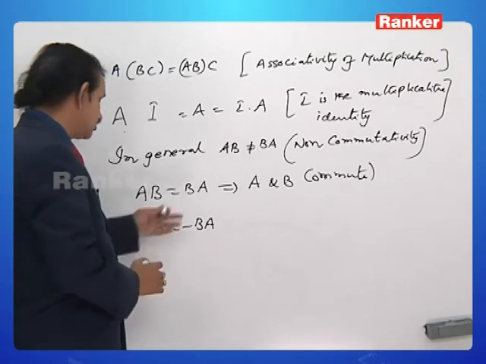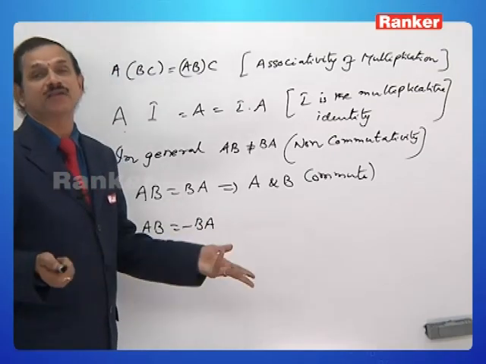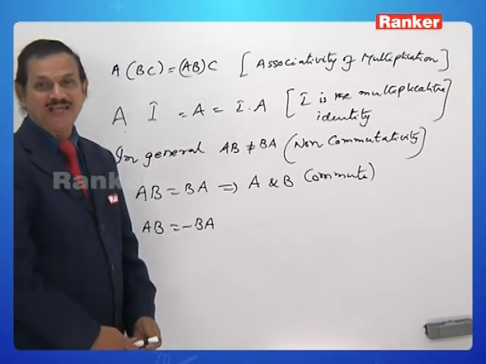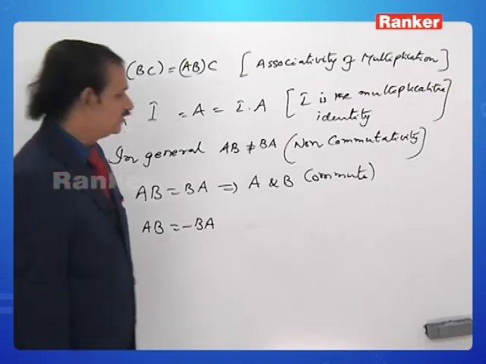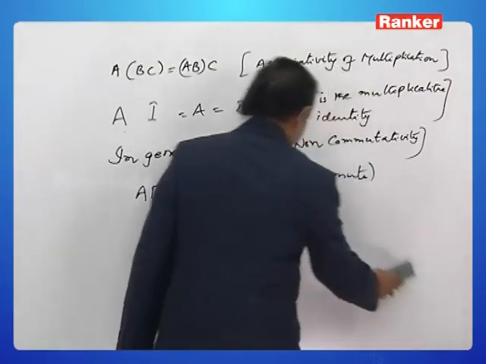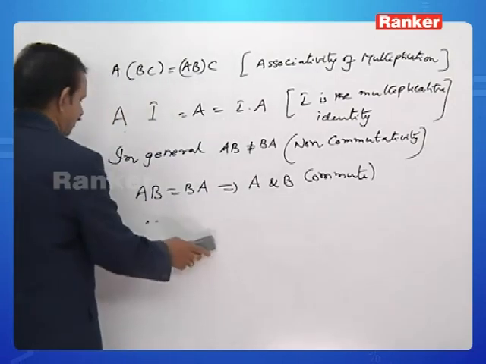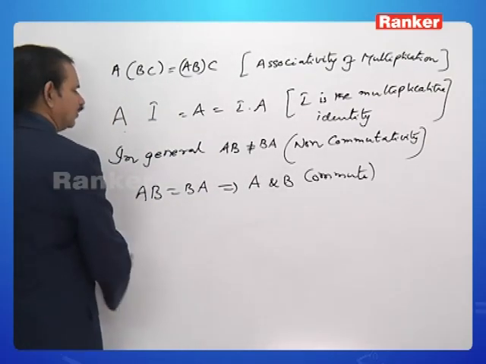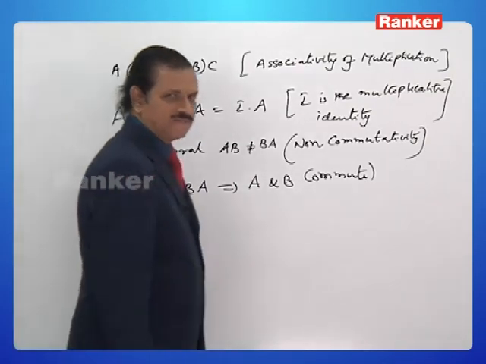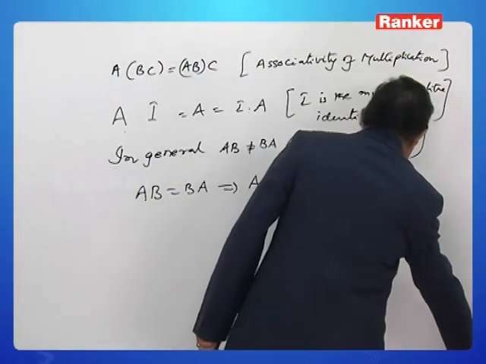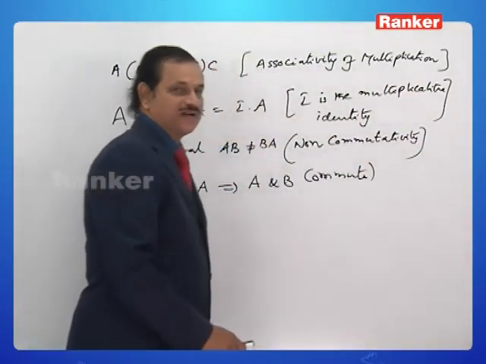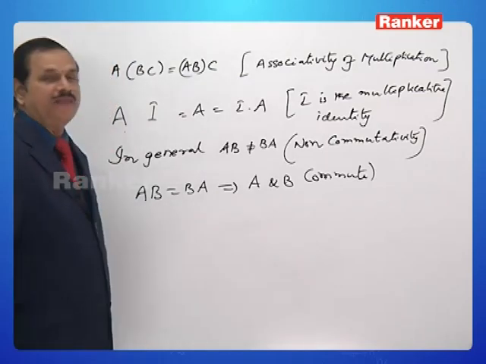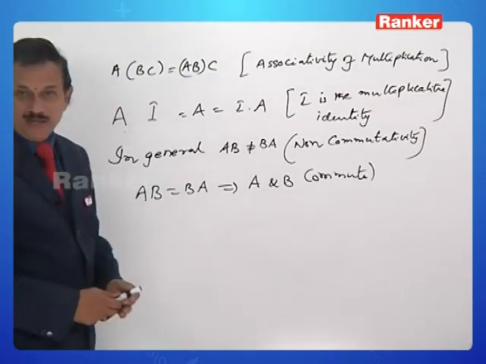Then these two satisfy anti-commutative law. That is a special case of interest which is not generally asked in competitive examinations. You need not go through that at all. If A and B commute, what can you understand? AB is equal to BA, then we say that A and B commute.